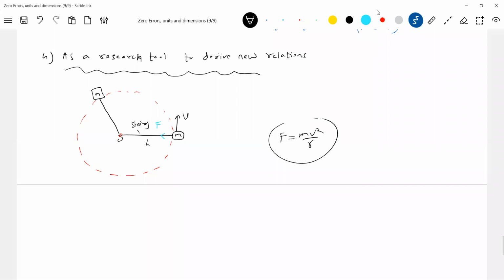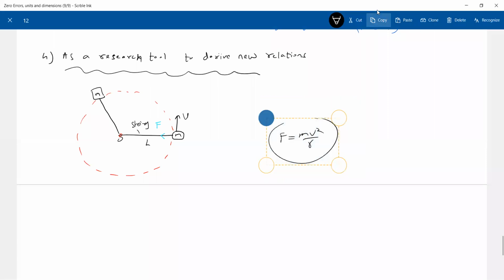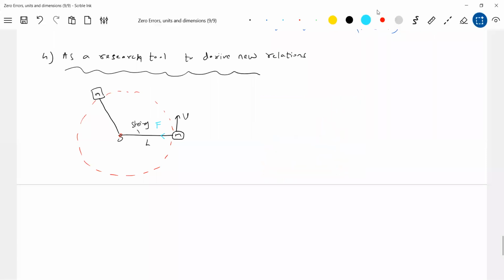Sir, we know F equals mv squared by r. Okay, assume that you don't know this. Now tell me what you're going to do. I'm just trying to search how this force is related to all these quantities.